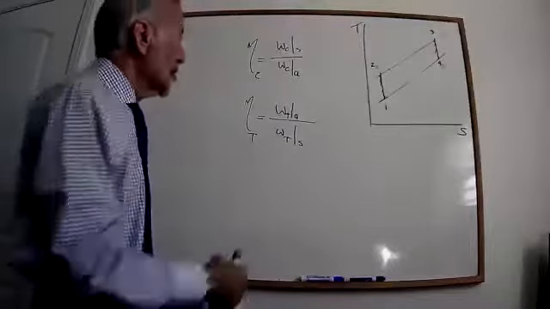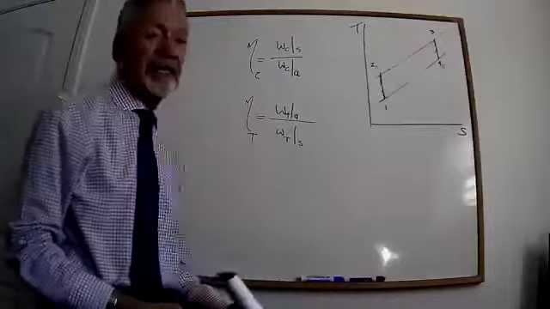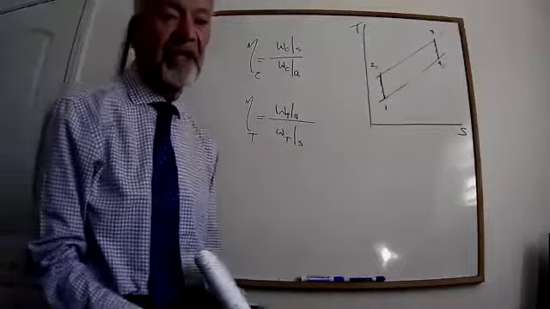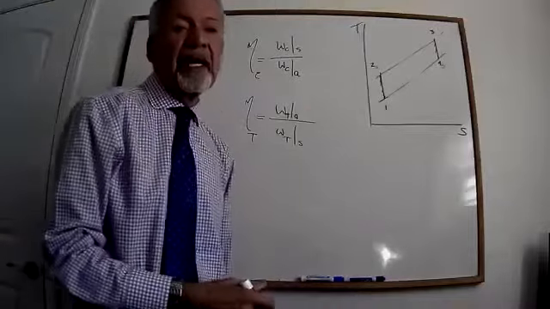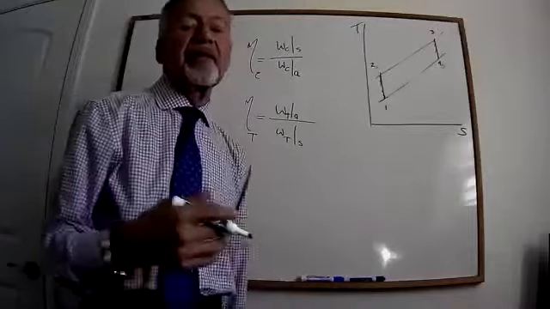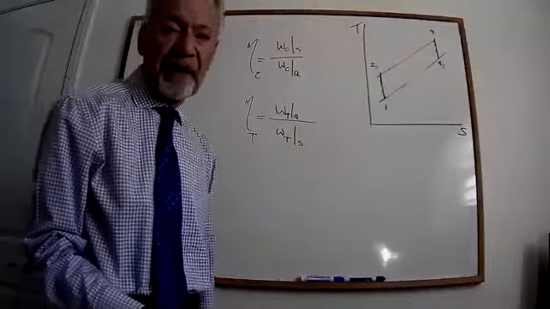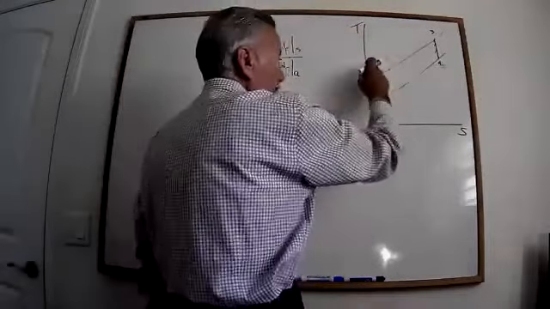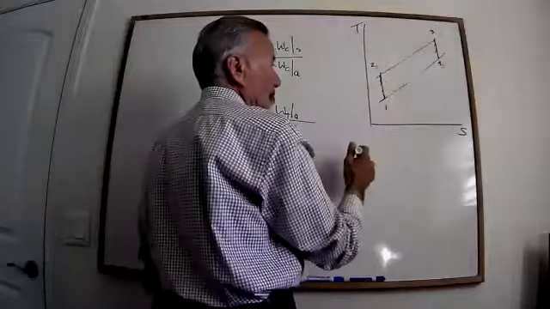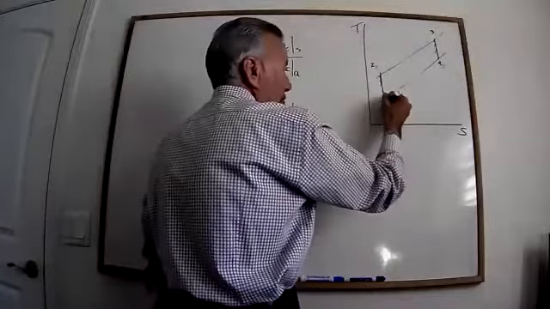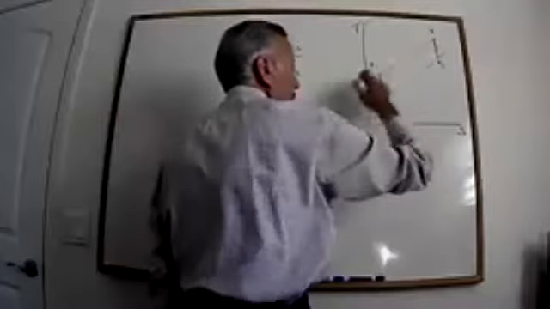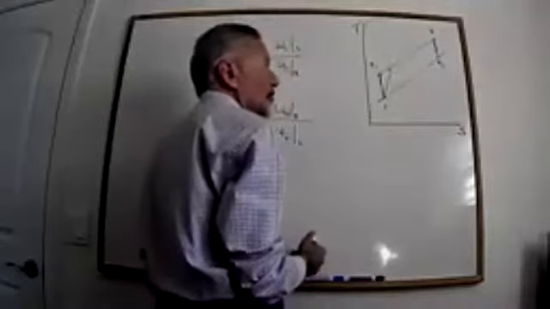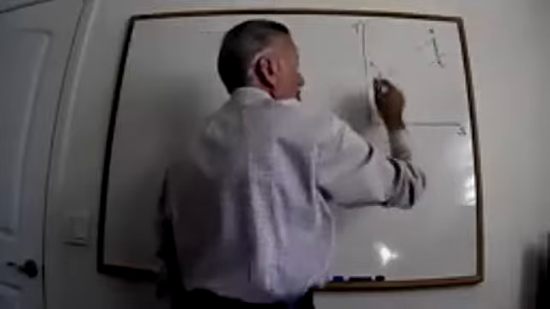Now, once the efficiencies are given to us, the first thing we do is show that in our TS diagram. If you don't, then you won't be able to solve the problem. To show the actual value at 2A, we draw a line from point 1 until we hit the curve that crosses 2 to 3.